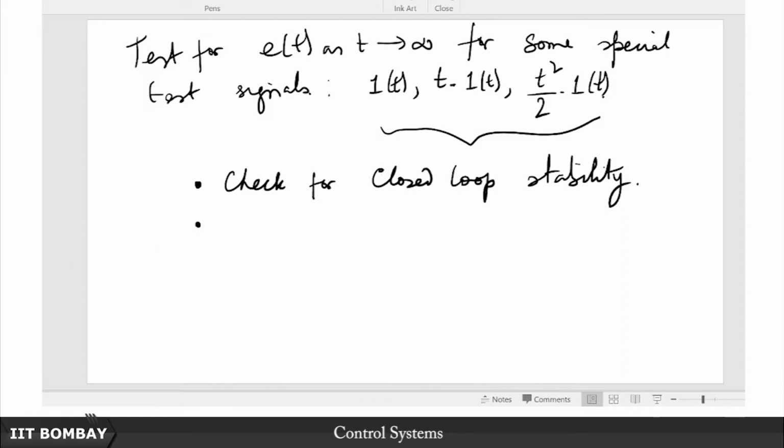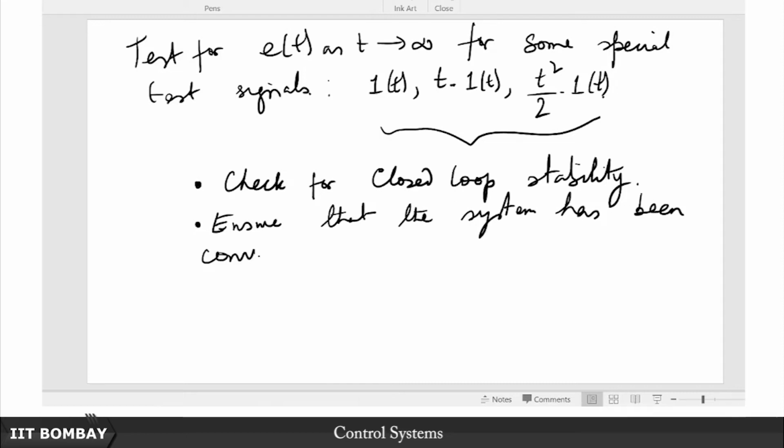Second point, ensure that the system has been converted to a unity feedback equivalent.